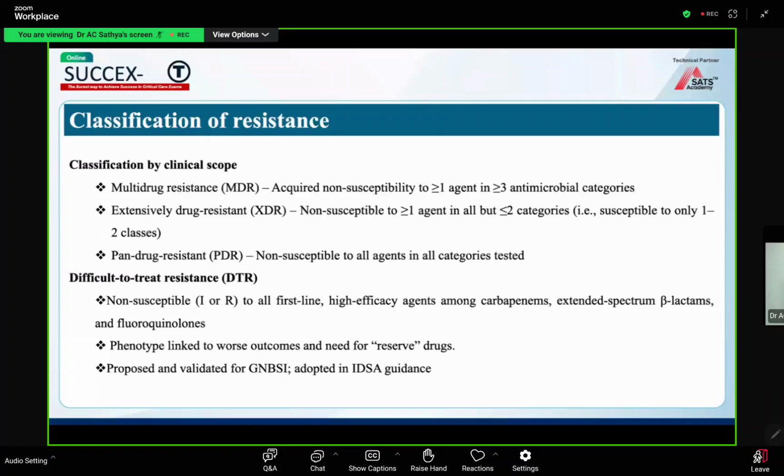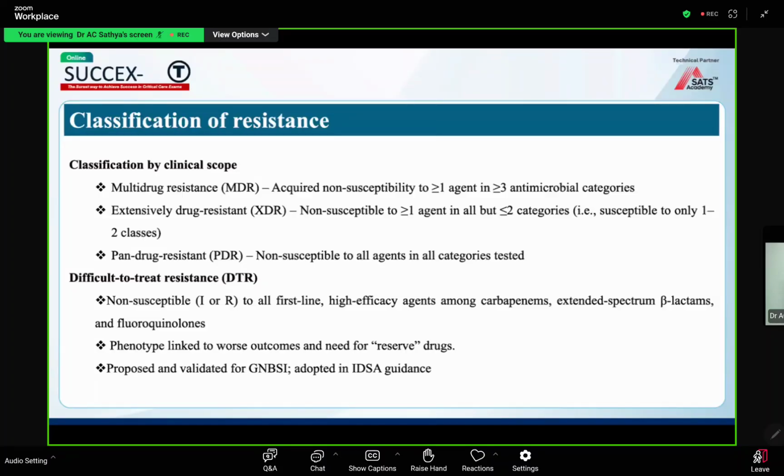Another way of classifying it is by clinical scope, which is important from a definition point of view. MDR, multi-drug resistance, is acquired non-susceptibility to at least one agent in three or more antimicrobial categories. XDR we call when the bug is not susceptible to most categories of antibiotics, and only one or two categories remain susceptible. And pan-drug resistance is when the bug is practically resistant to all the antibiotics available.